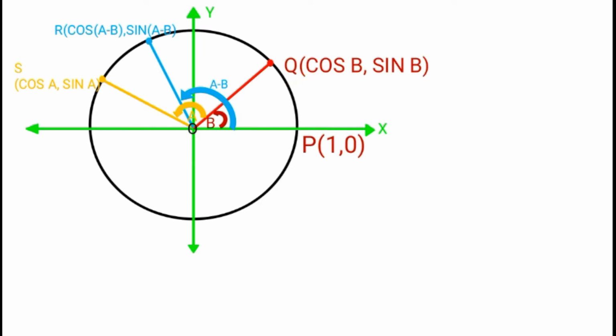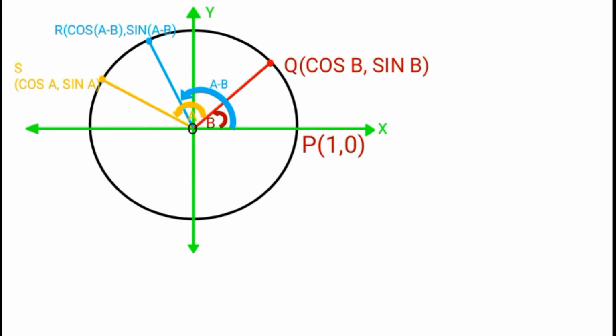All the way over to orange is A, from the green line all the way over to A, and then you take off this B right here. That leaves you this new angle, which is also A minus B. So the blue angle is A minus B, and the angle between the red line and the orange line is also A minus B, because they're the same angle.